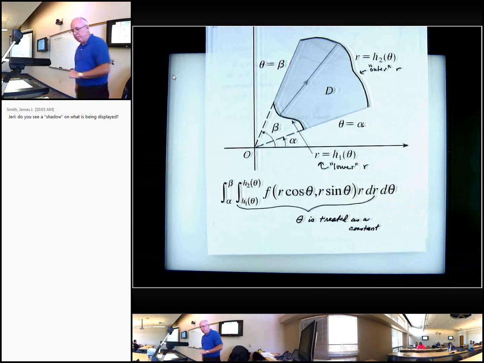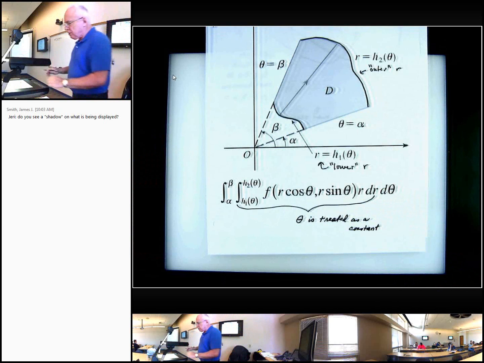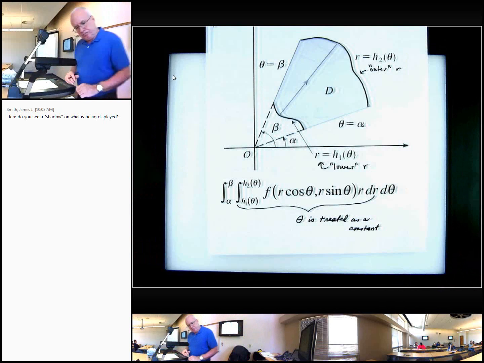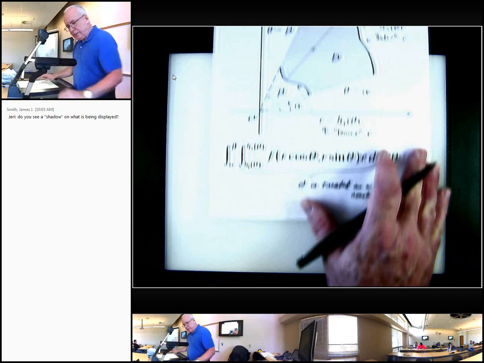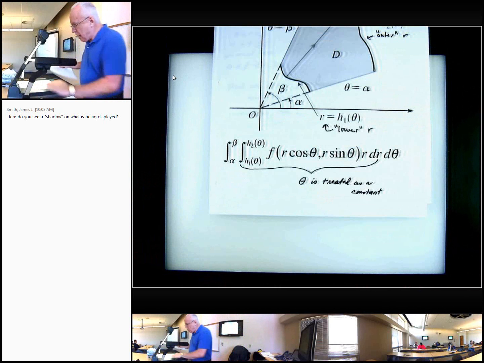Okay, all right. So the first example, well, there's one other fact I want to mention here before we do the next example. I'll call this a fact.